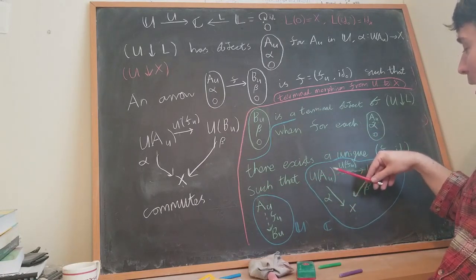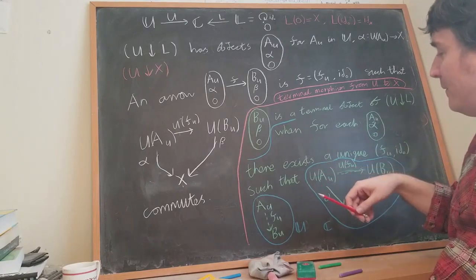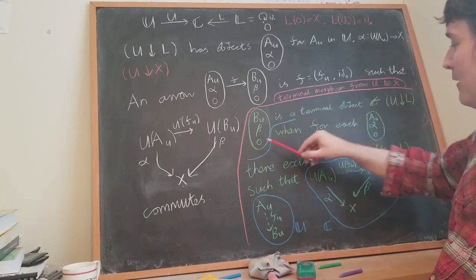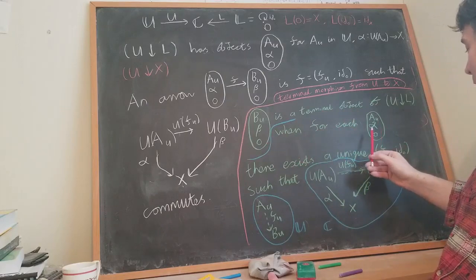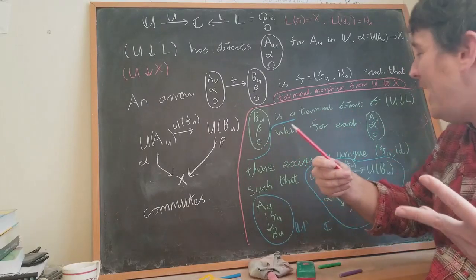Okay, so how can we interpret this? Well, what we're basically saying is that we can forget about these zeros and the ID 0 here. They're kind of meaningless, okay?